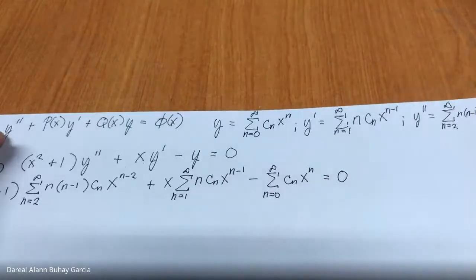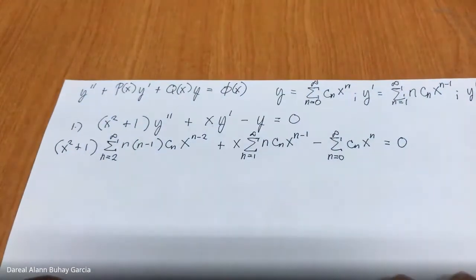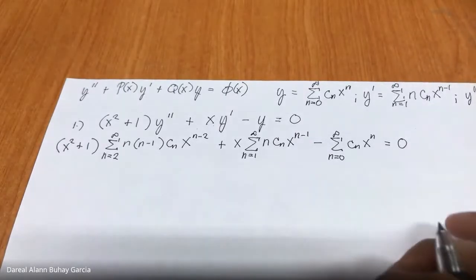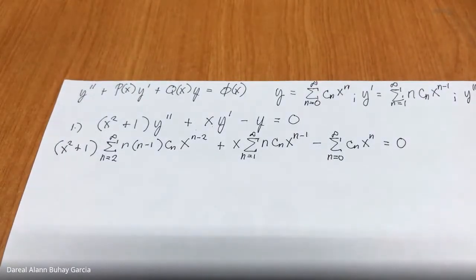Okay, next step. What's the next step? Who can mention the next step? Either chat or microphone. Distribute. Okay, we can distribute. Sige.